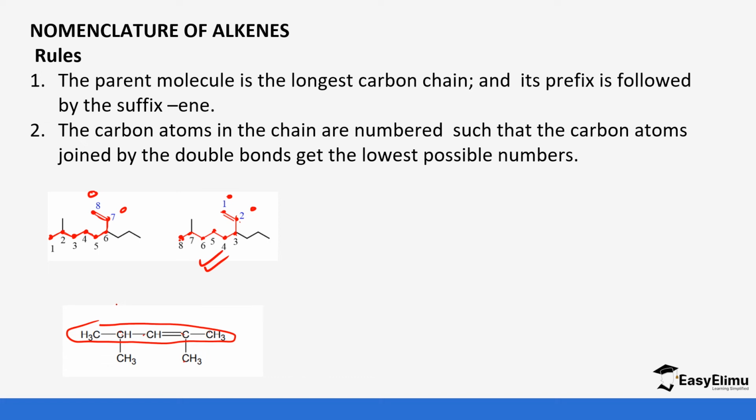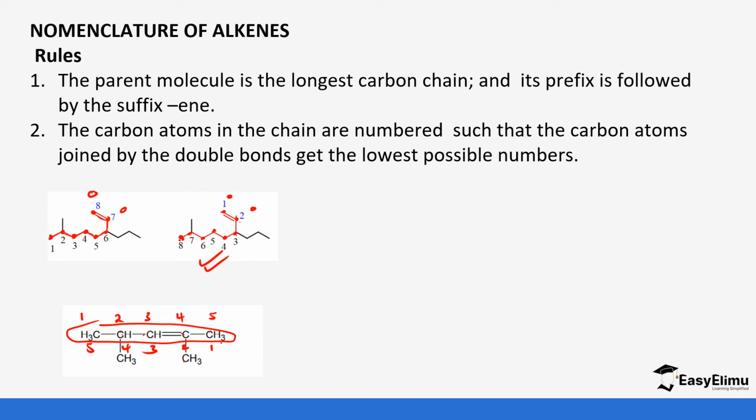Anything outside the longest chain is a branch. After that, we start numbering. We can number from 1, 2, 3, 4, 5, or the other way around. If you were to pick the first method of numbering, our double bond would be at carbon number 3.